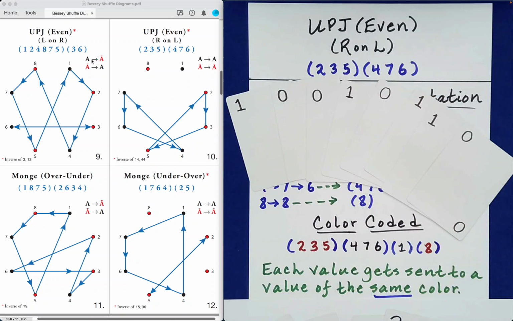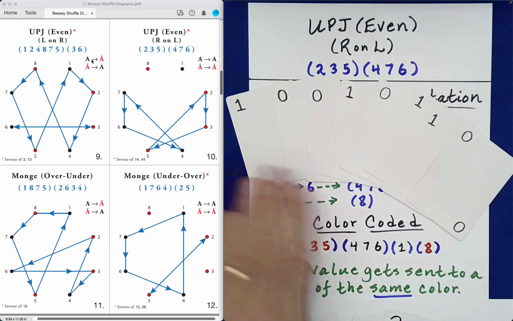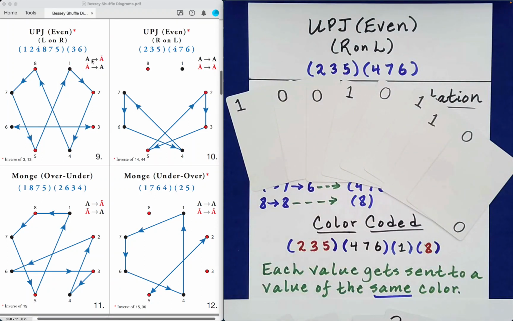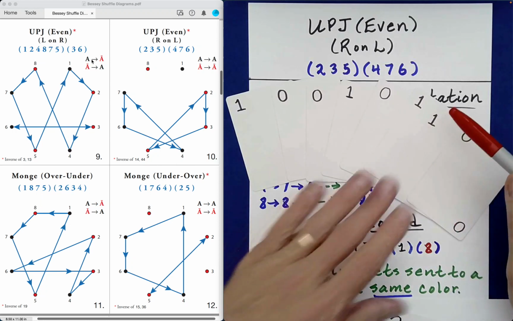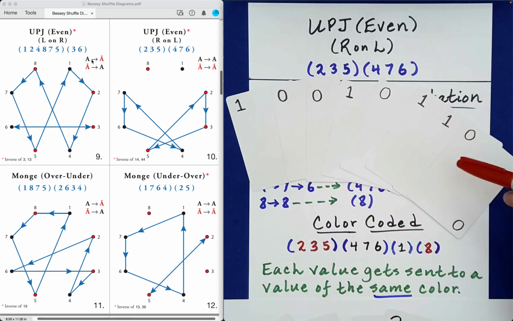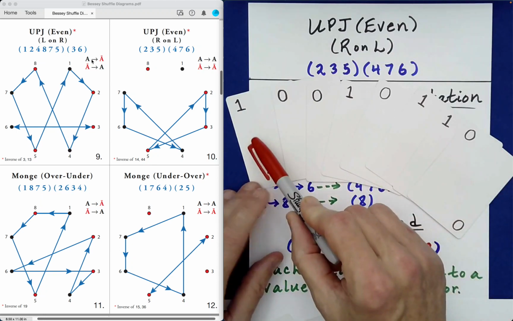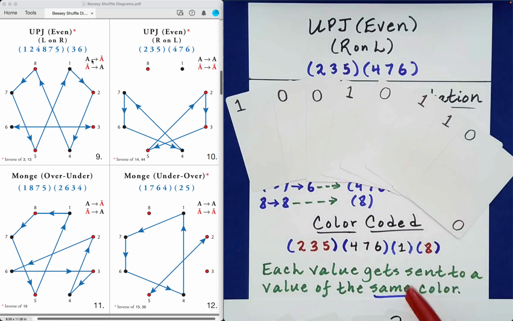Okay? Now it is true that the ones are moving around among themselves except for one of them. Can you think through which one is going to stay exactly where it is? It's the first one, right? Remember, we have two fixed points. Whatever's in position 1 stays in position 1.